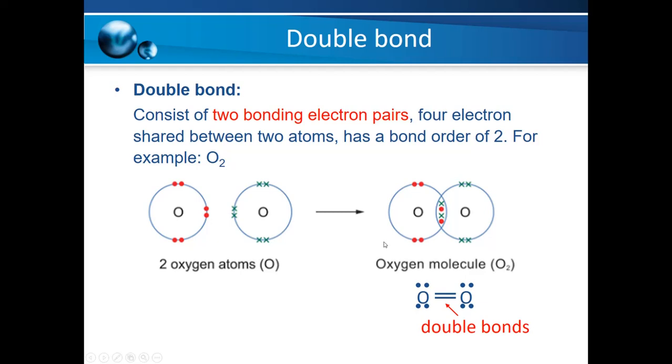And how about a double bond? A double bond consists of two bonding electron pairs, because we have one electron pair and another electron pair. Here one pair, two pair, so you will form a double bond.